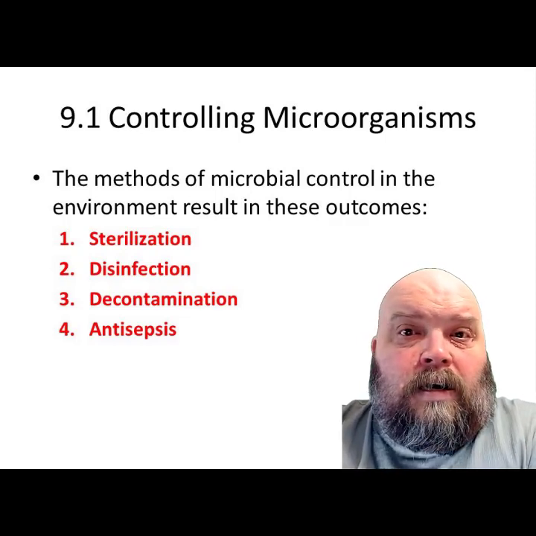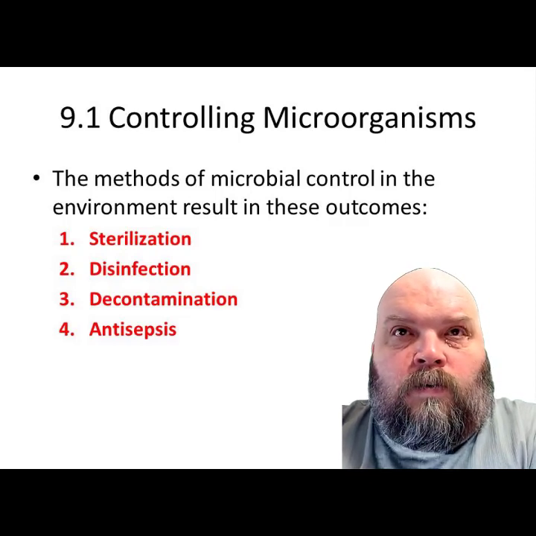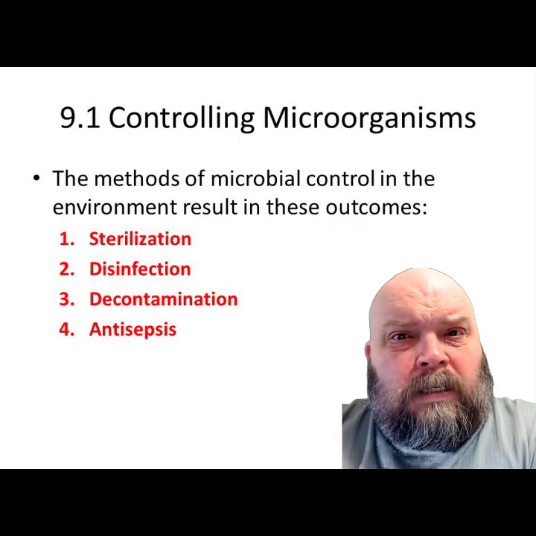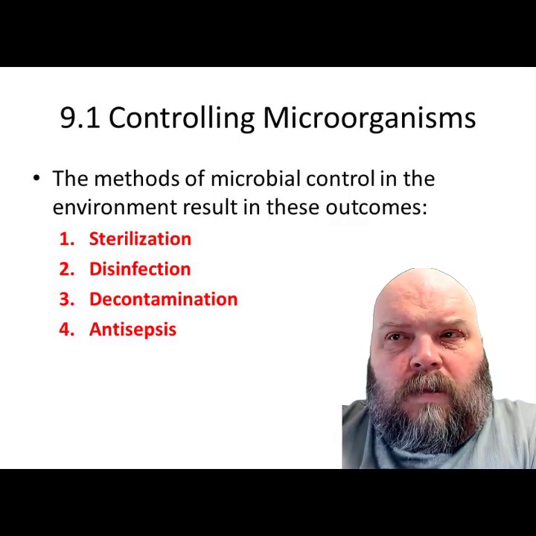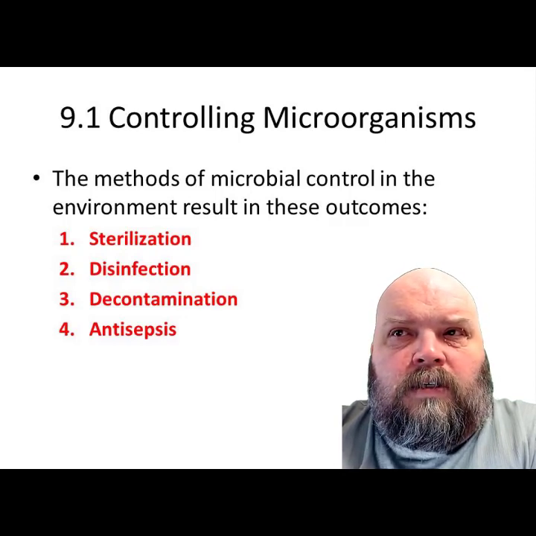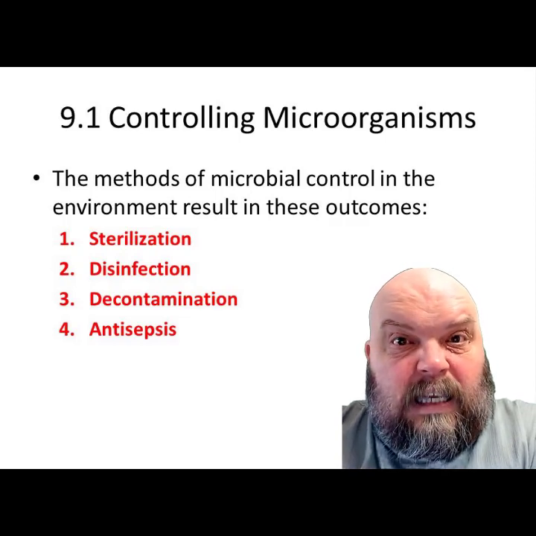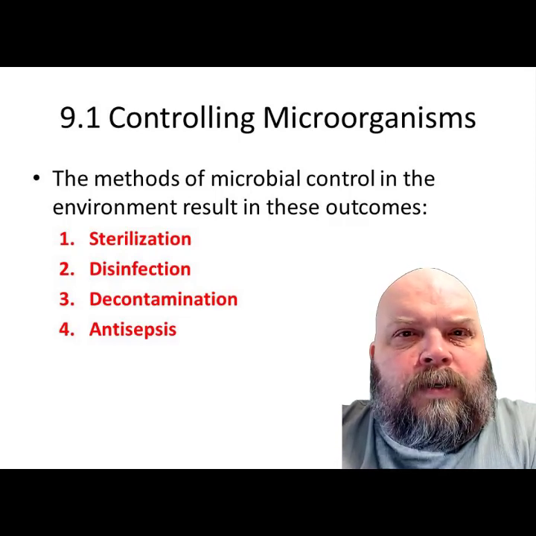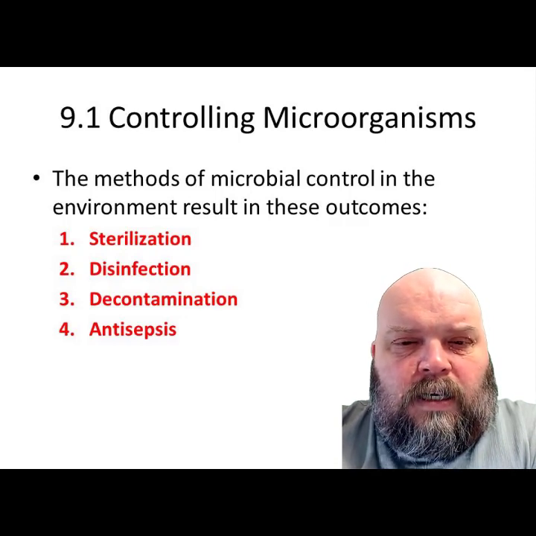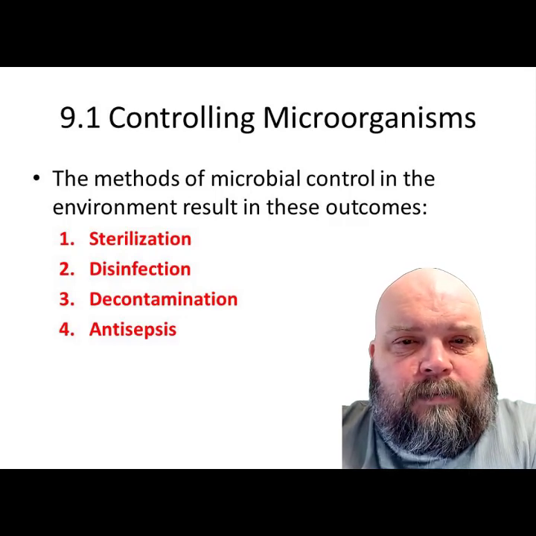We can't sterilize everything, but we have to come up with a way to clean, quote unquote, clean our environment. We see that there are four levels of different cleanliness, I guess is a way to put it: sterilization, disinfection, decontamination, and antisepsis.